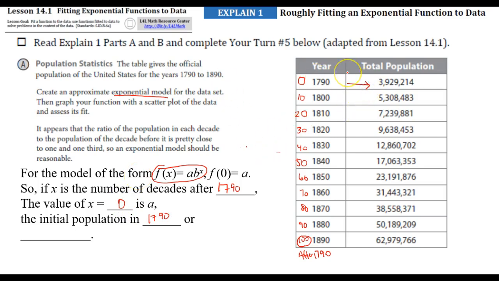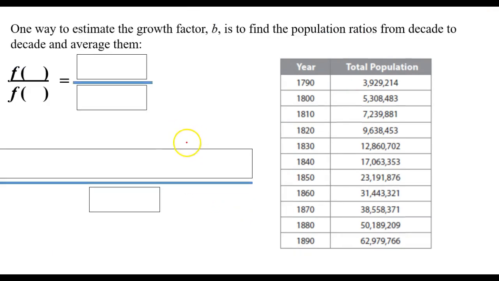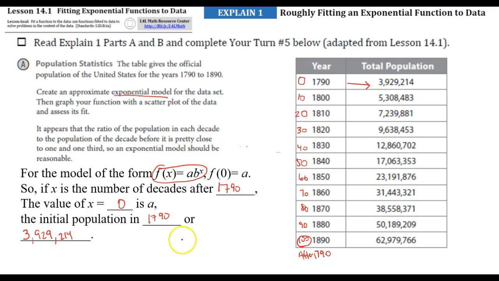That's our initial population, right? Which is about 3,929,214. So that's going to be our a value. So f of x equals, I know it's a pretty long number to write out, but let's go ahead and take the time to do so.